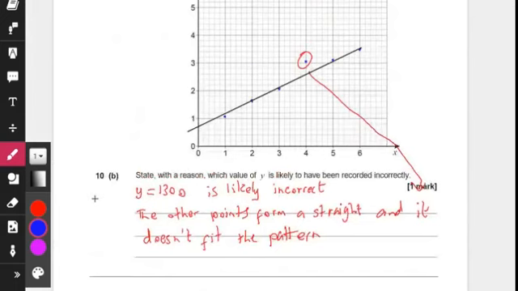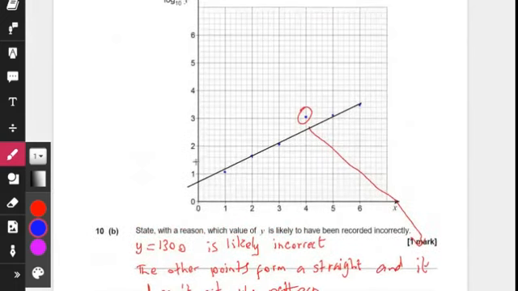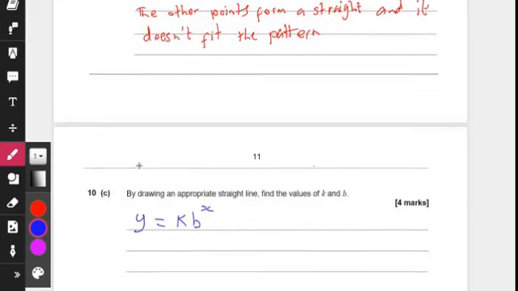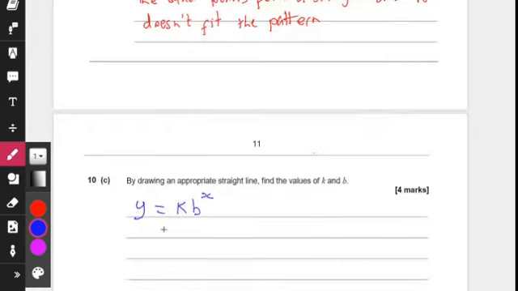And what else do we know? Well, we can think about this as a y equals mx plus c type graph, except it's not y along the y-axis, it's log to the base 10 of y. So rather than saying y equals mx plus c, we can say log to the base 10 of y equals mx plus c.